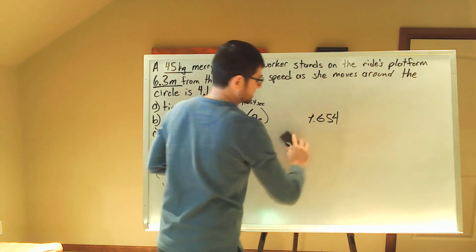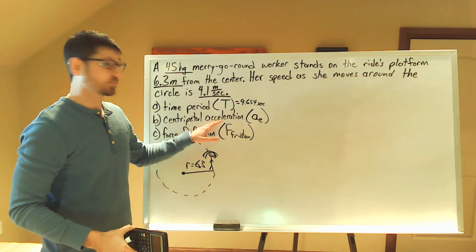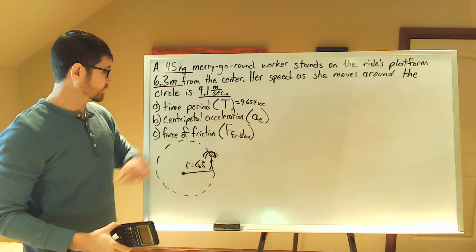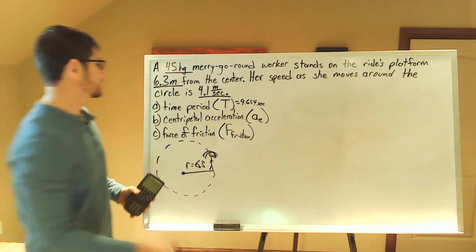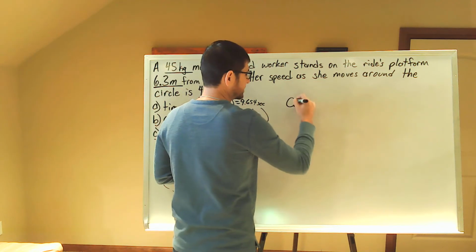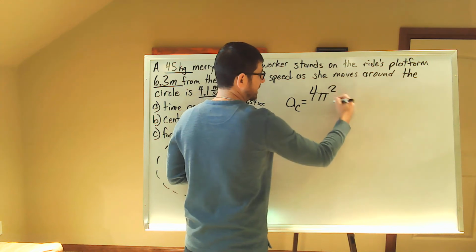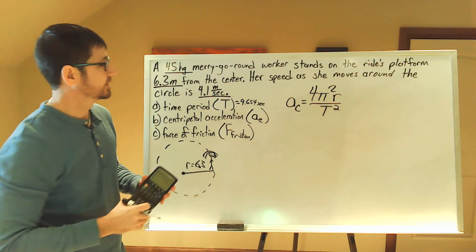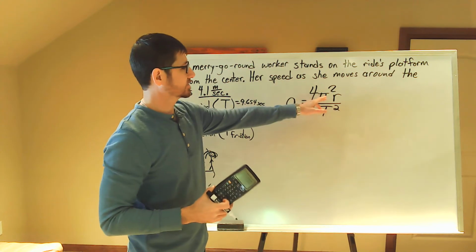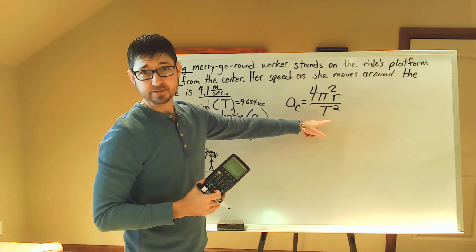Okay, next, let's talk about part B. So the problem wants us to calculate the centripetal acceleration of our lady friend. So centripetal acceleration is equal to 4 pi squared r divided by T squared. So 4 pi squared times the radius divided by the time period squared.